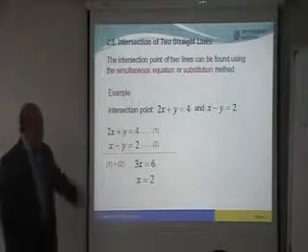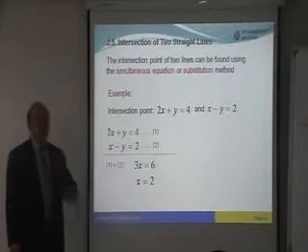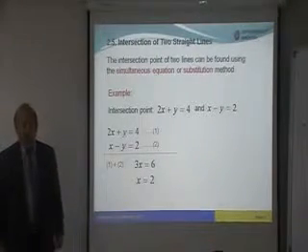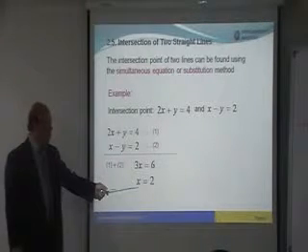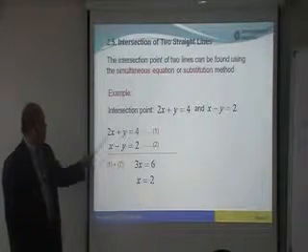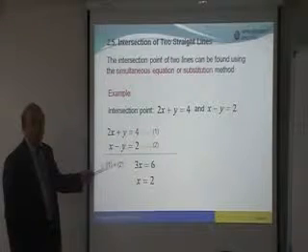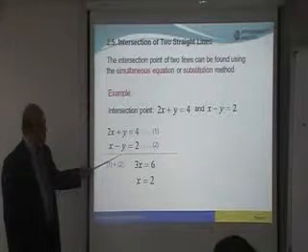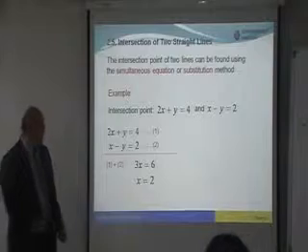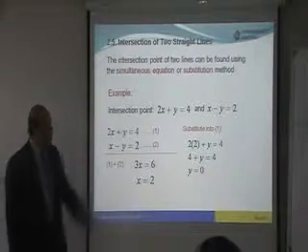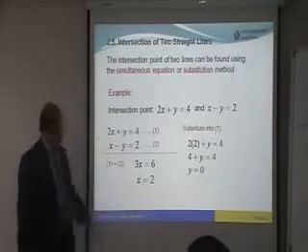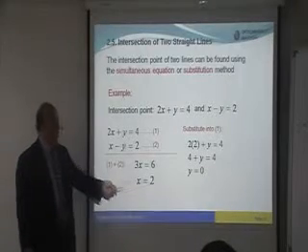Okay. So once you have found the value of x, you still need to find the value of y. How to find y? You substitute x equals 2 into any of these 2 equations. Here can, here is okay, up to you. So let's say we substitute into equation 1. Masuk sini. So replace x with 2.